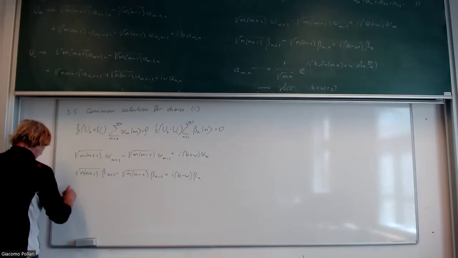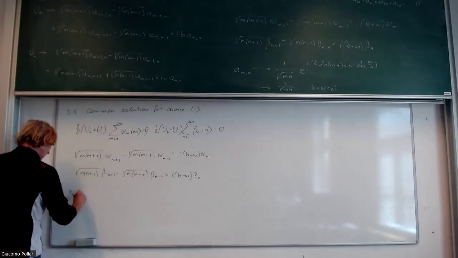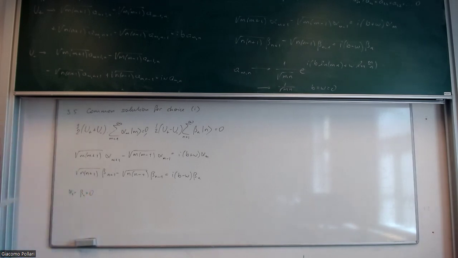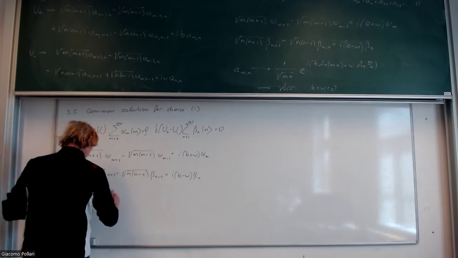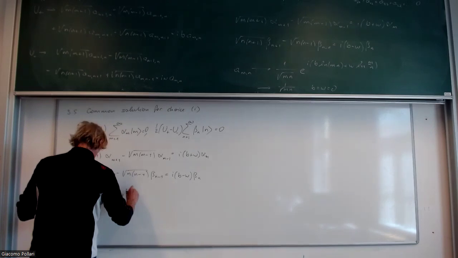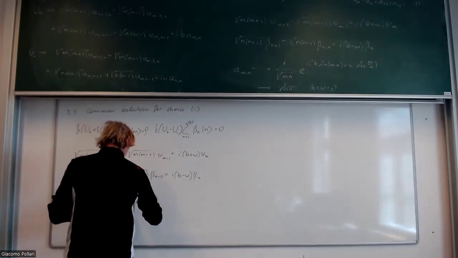Now the first few coefficients. I chose alpha_1 and beta_1 equal to 1 as initial values, and then we find alpha_2 is (b plus w) divided by the square root of 2.